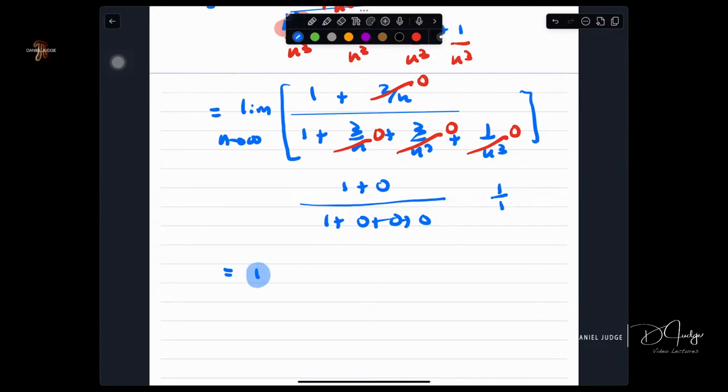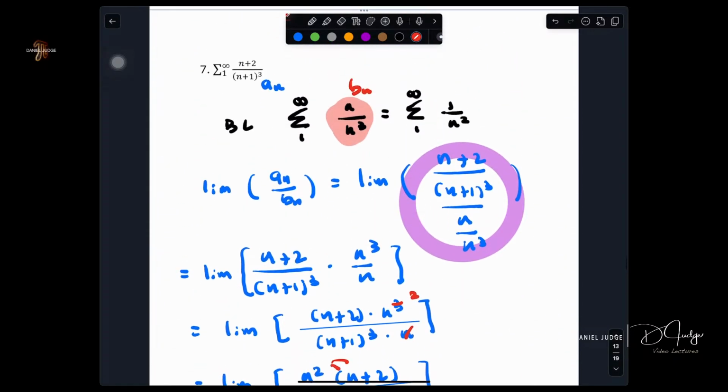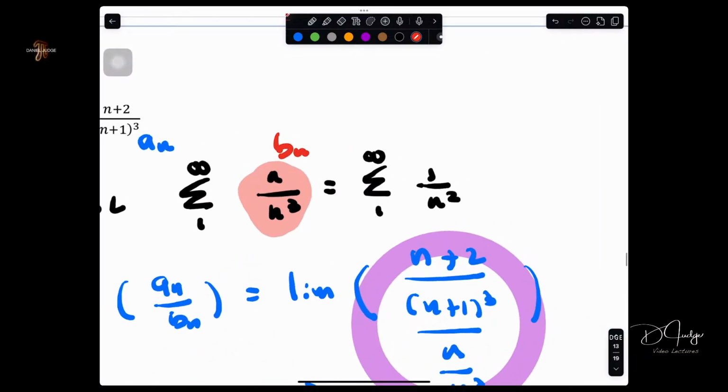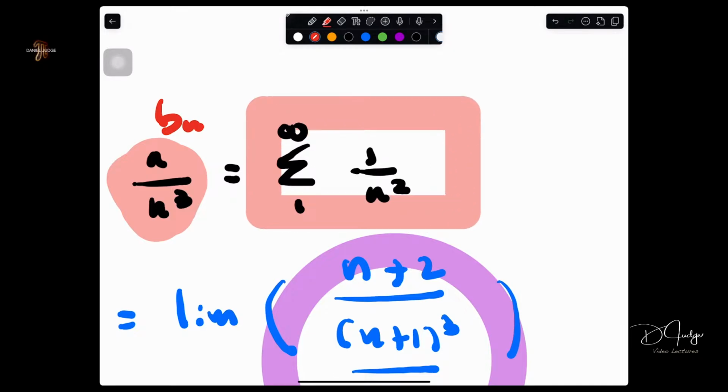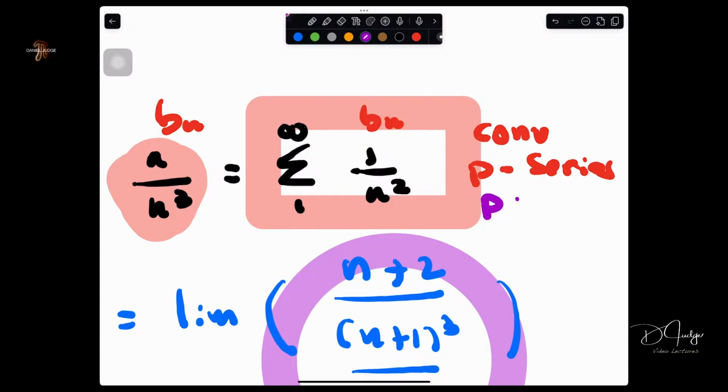Greater than 0. It's positive. Is that the C value? It's positive. So we have to remember that both of these series will converge or diverge, because this particular series, the b_n series here, is a convergent p-series where p equals 2.